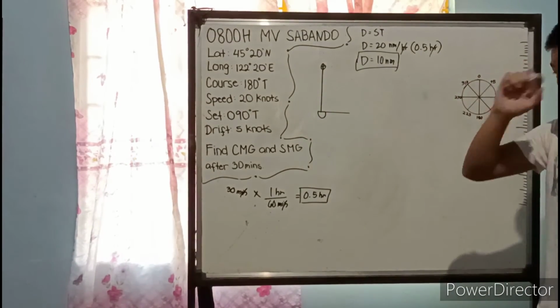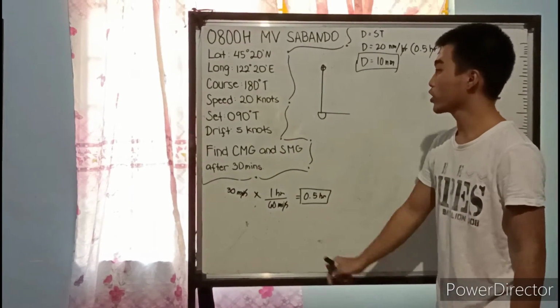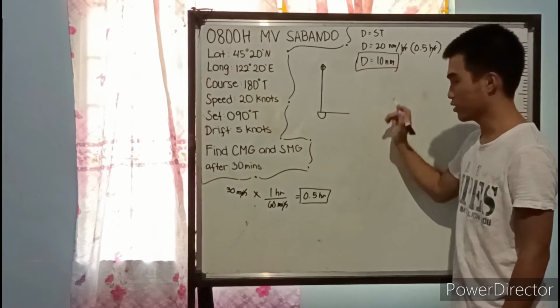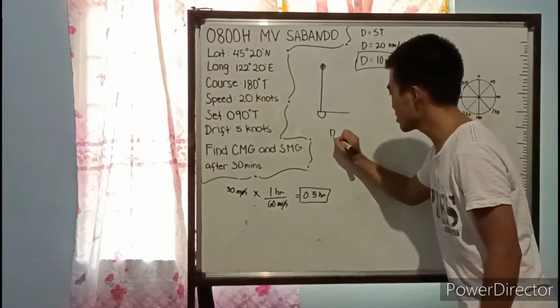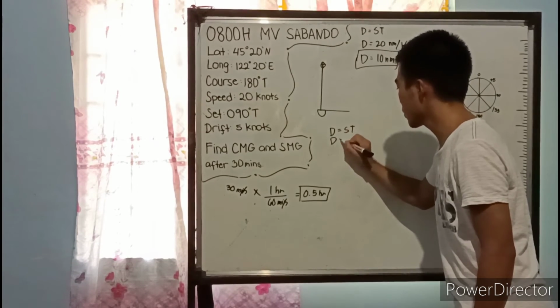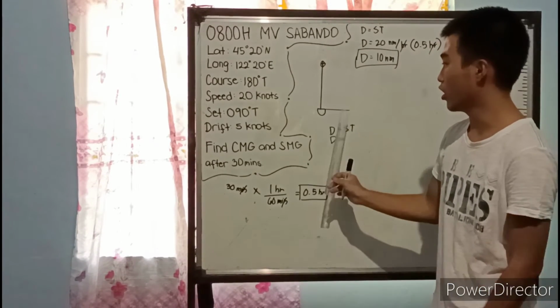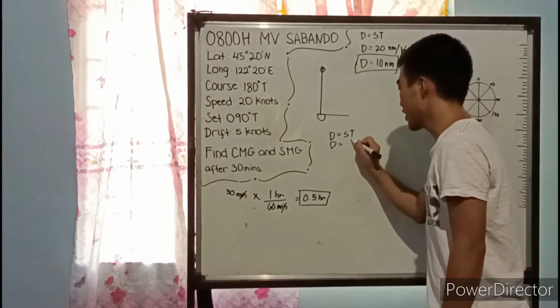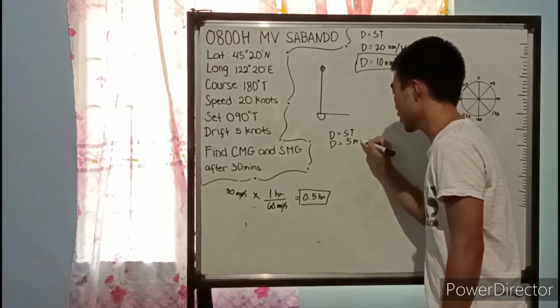So we still don't know what's the distance of our set. So we're going to find again the distance using the set and drift, using the formula. So distance is equal to speed times time. Our distance is equal to speed, which is the speed of the set, 5 knots. 5 knots is equal to 5 nautical miles per hour.